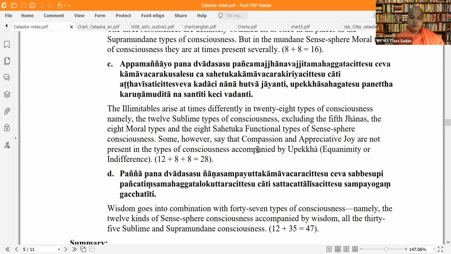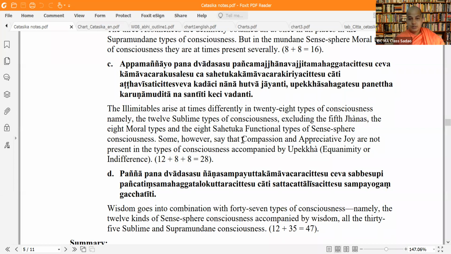Now, I think probably it should be understood in terms of primacy, which is really effectively functioning, because these are all good mental factors: karuna, mudita, upekkha.